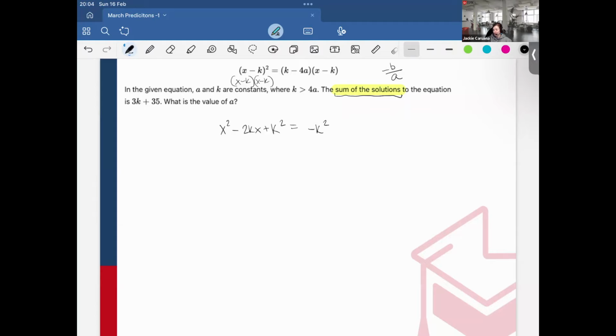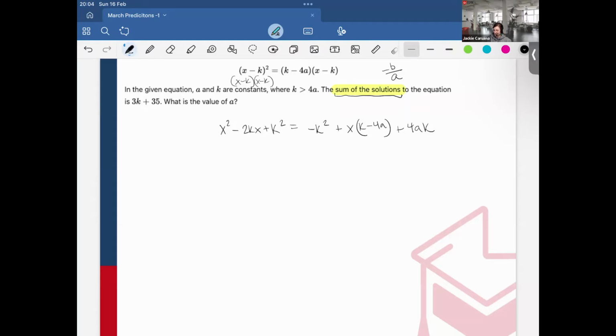And I could factor out the x, so that'd be k minus 4a, and then plus 4ak.